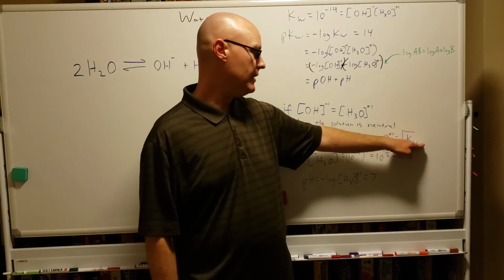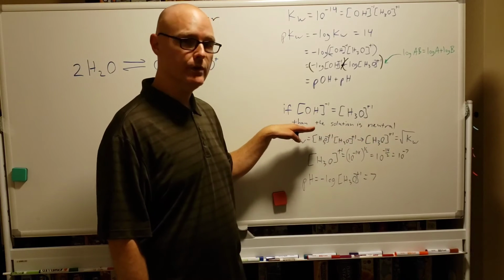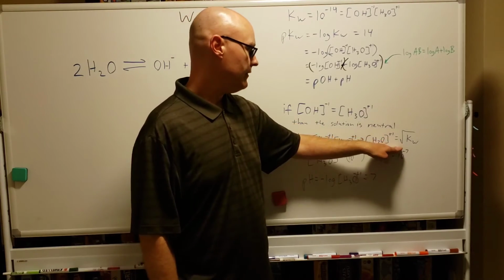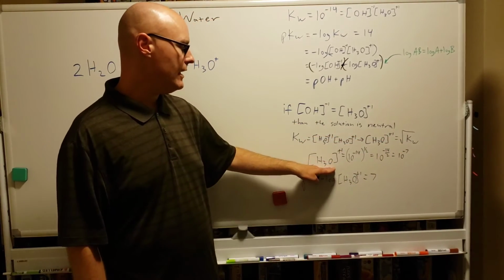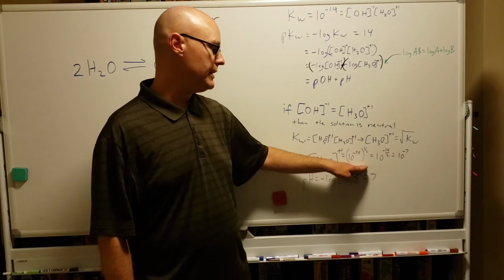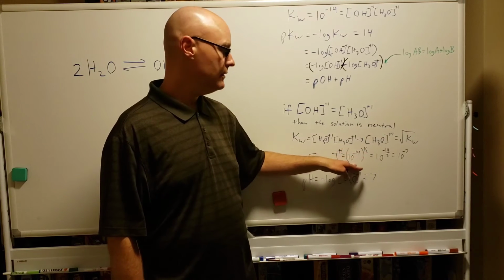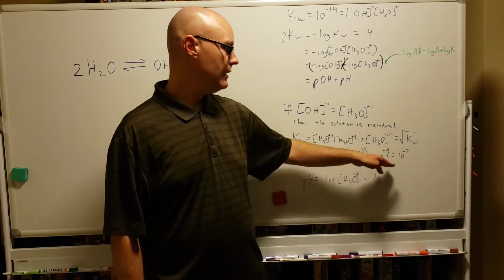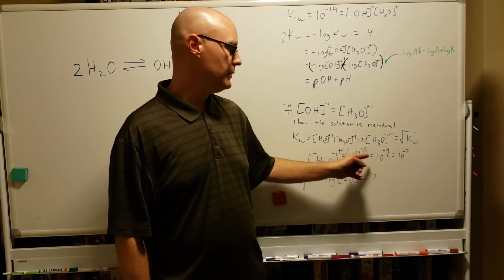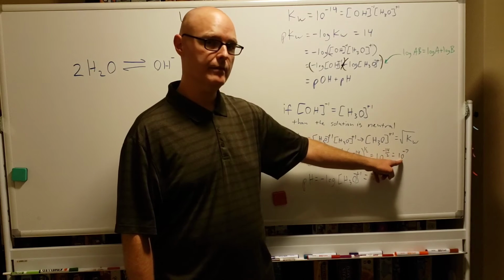In a neutral solution, the concentration of the hydronium is the square root of 10 to the minus 14. Taking the half root, using the product rule, gives 10 to the minus 14 divided by 2, or 10 to the minus 7.